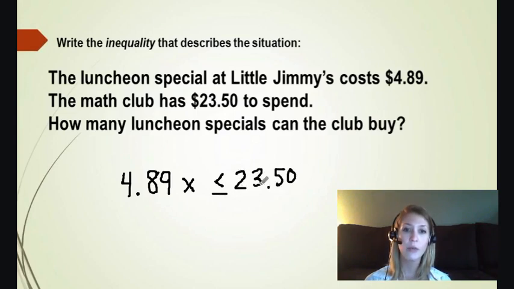It can be equal to $23.50 because that's the amount that we have allotted ourselves, but it has to be less than that. It can't go over. So there we go, we wrote an inequality that describes this situation. On your own, please feel free to solve for the variable x to figure out just how many luncheon specials that math club can buy.